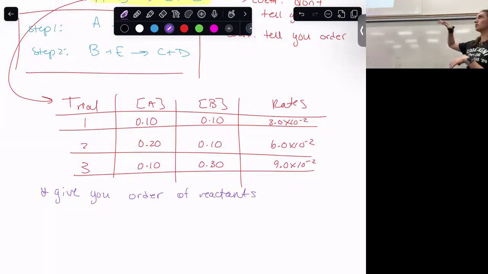In this case, you're just looking for trials where only one concentration is changing, which I only gave you, but in case you don't see that.